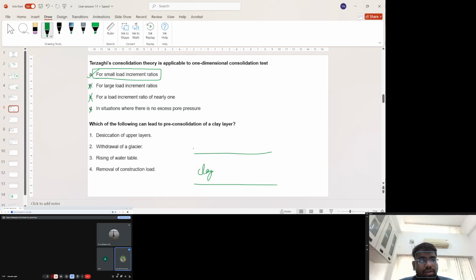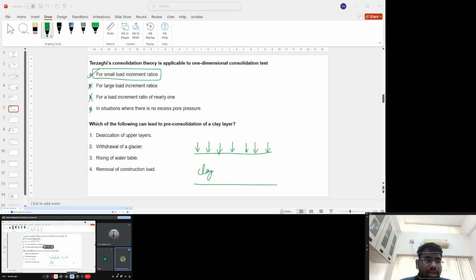The formation of glacier above this layer, as well as the load due to construction, in both cases the applied load is increasing. Am I right or wrong? Am I clear?